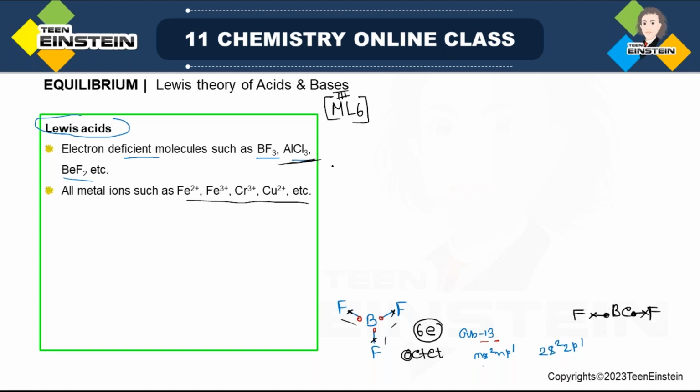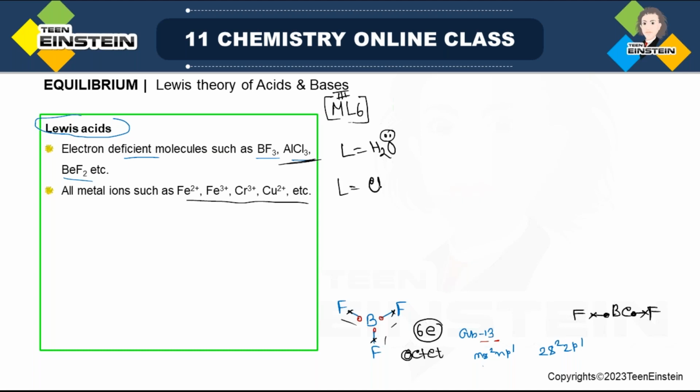If the ligand is anionic, as it is carrying negative charge, it can donate an electron pair to this chromium 3 plus. And L may be water. In this case it is neutral, and it will donate an electron pair, the lone pair over oxygen, to the metal.